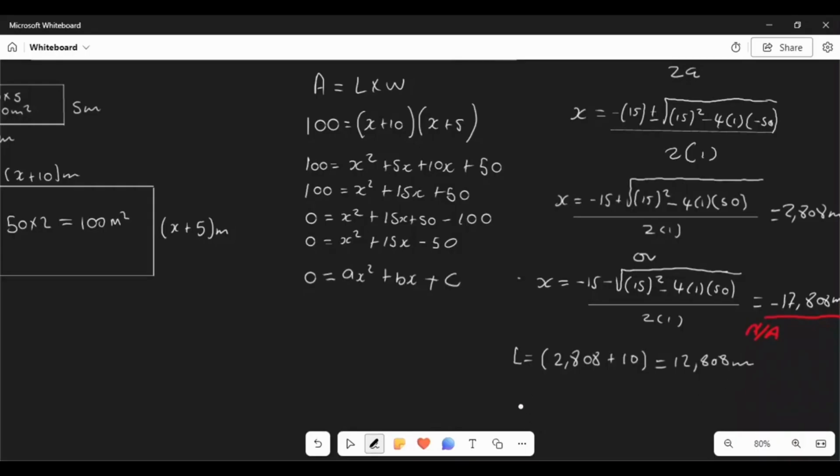Remember, they want us to get those length after the area is double. So this is the length here, and then for the width is x plus 5. So these are the final answers, guys, the width and the length when the area is doubled.